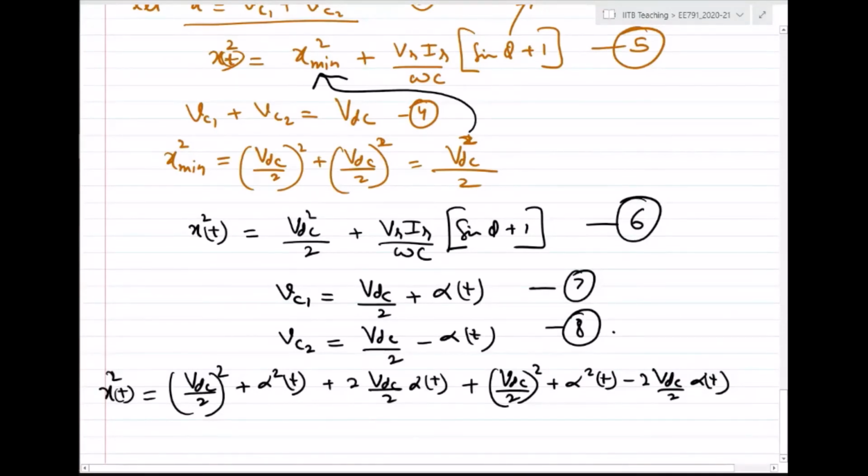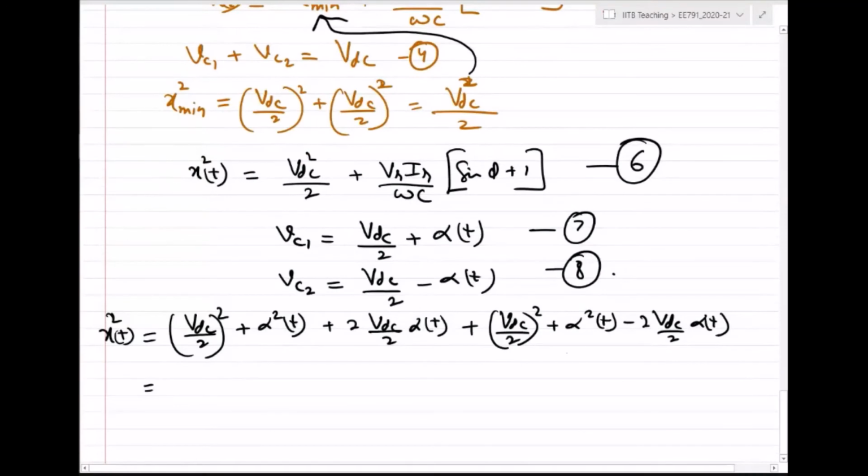So if I simplify this, what will I get? This term will cancel out. I'll get 2 alpha square of t plus VDC square by 2.